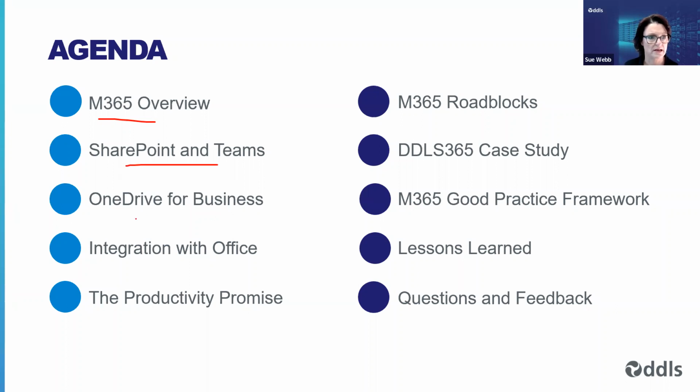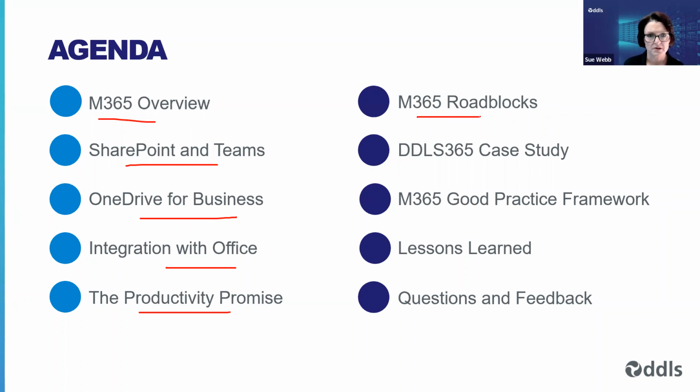So SharePoint and Teams, OneDrive for Business, and talk briefly about the integration between Microsoft 365 and your Office desktop applications. And then we're going to talk about the productivity promise. So when we roll out Microsoft 365 across our organizations, what we're expecting in terms of productivity and collaboration.